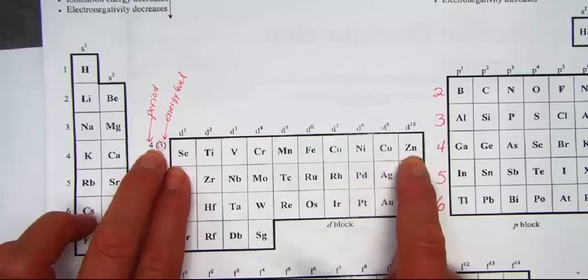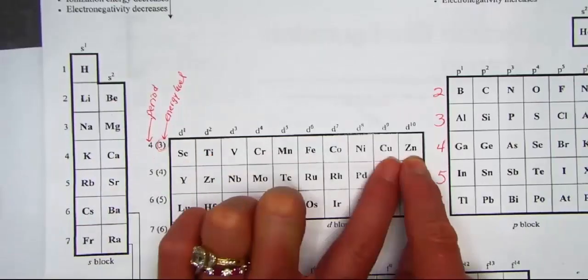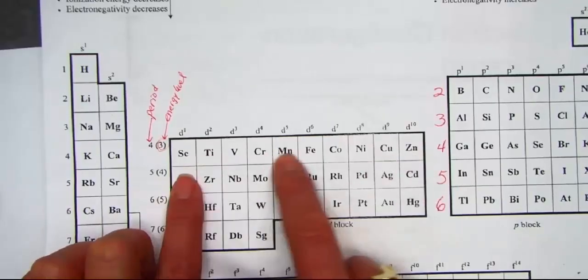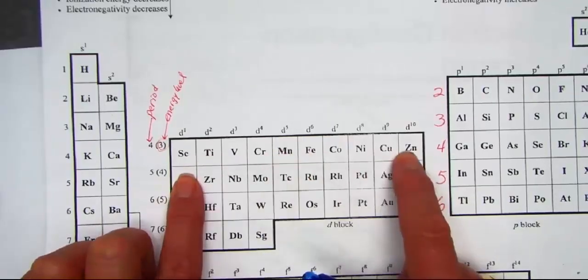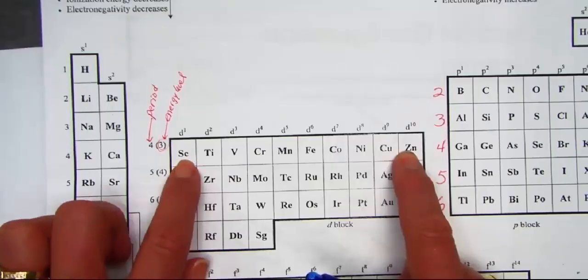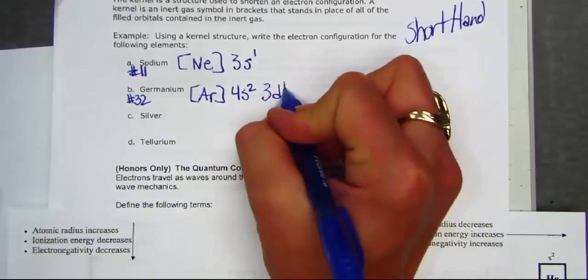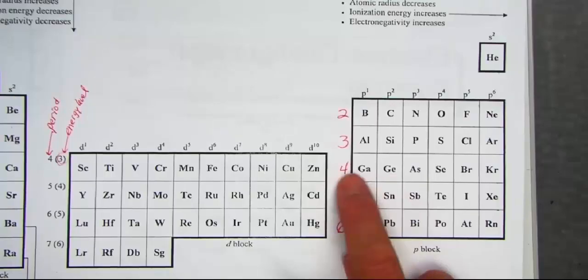This is the fourth period, but it's the third energy level of the D subblock. I got to pass all through those 10 elements before arriving at germanium. I'll denote those 10 electrons as 3d10. 2 more to go for germanium.